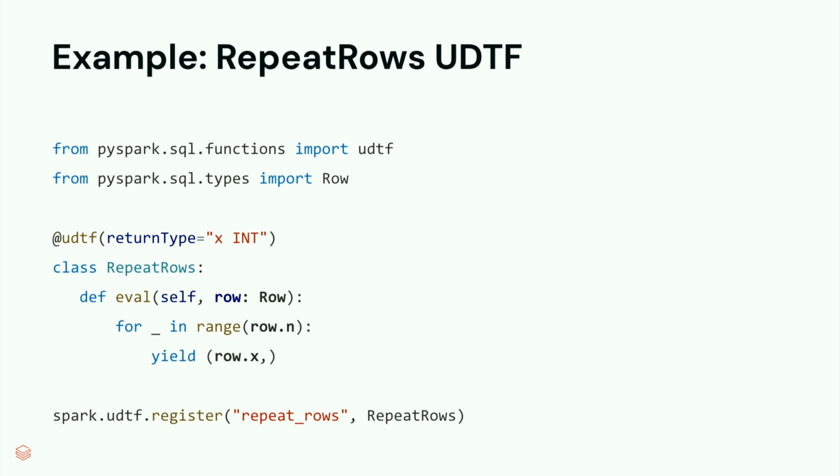Inside eval, we simply emit the value x repeated n times. This is a simple but powerful example of row-wise expansion, where a single input row results in multiple output rows. UDTFs give you the flexibility to define these behaviors in pure Python, while preserving schema and row structure.